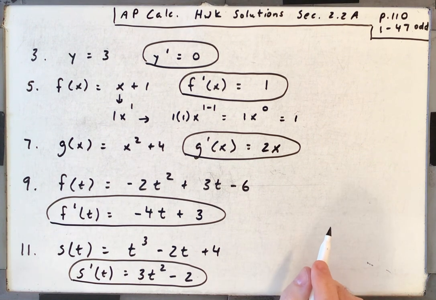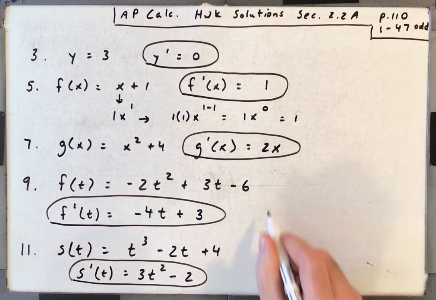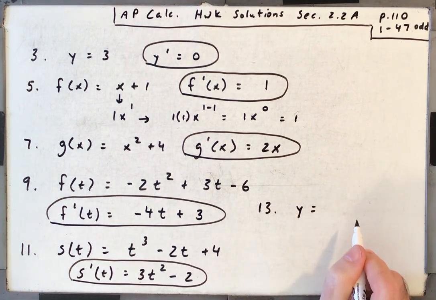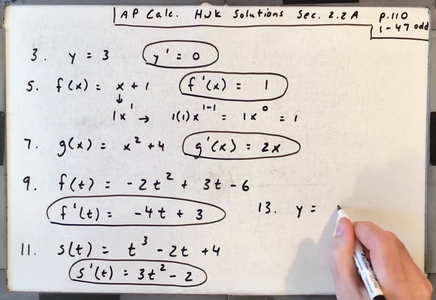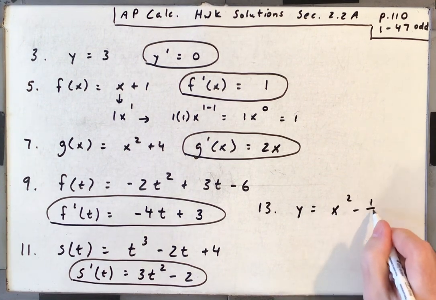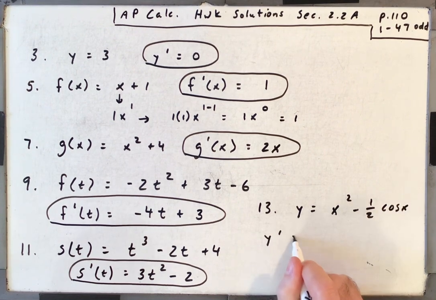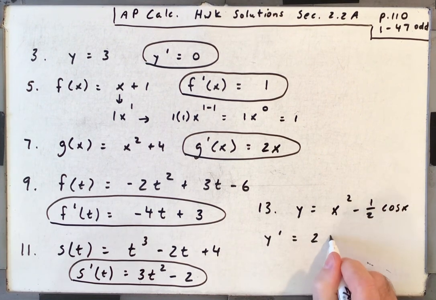Okay, let's see. Can we fit 13? I'm going to try. So number 13, y is equal to x squared minus 1/2 cosine x. The derivative of x squared would be 2x.